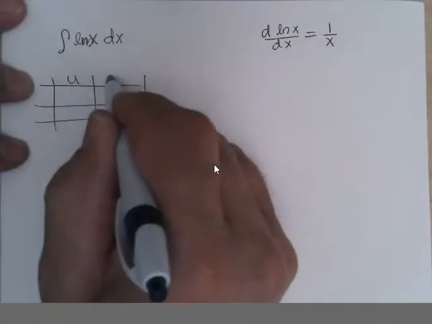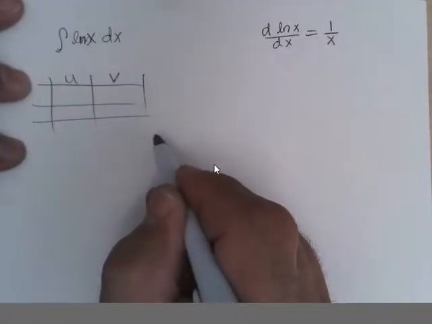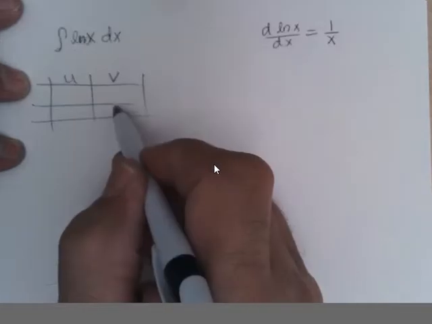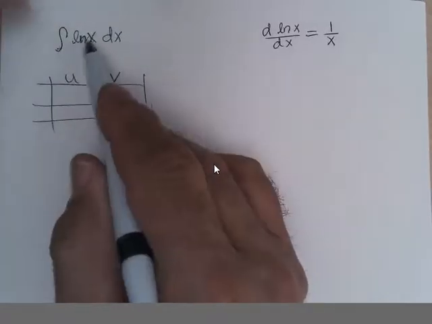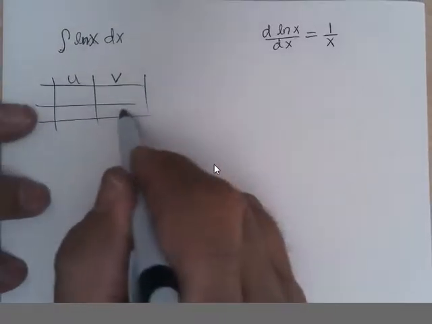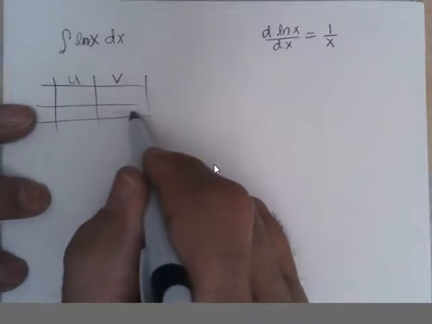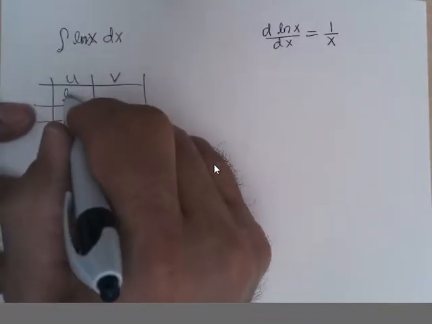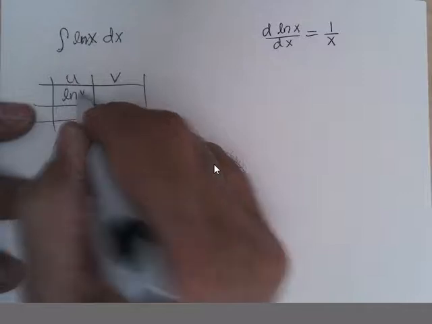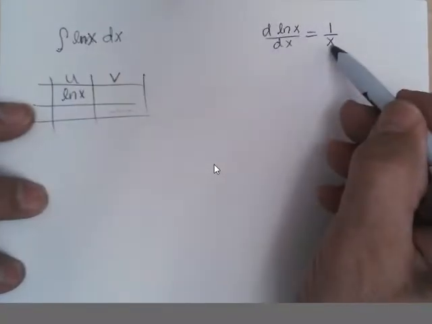The u, the v. I never want to put ln down here, because then I would have to take the antiderivative, and I don't know what that is. That's what I'm trying to find out, so it would make no sense to put ln of x here. So I better put ln x up here where I know how to do something with it. Take the derivative.